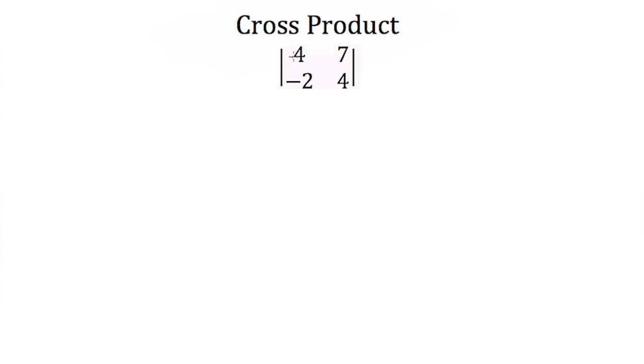So let's find the determinant of this other matrix. To do so, we would take 4 and 4 and multiply them together. Then from that product, we would subtract 7 times -2.